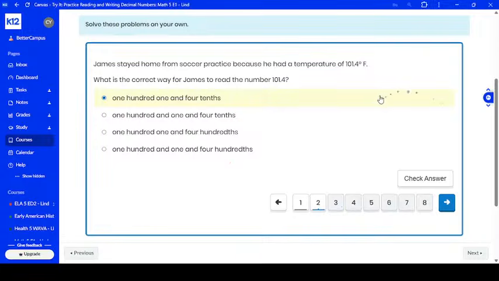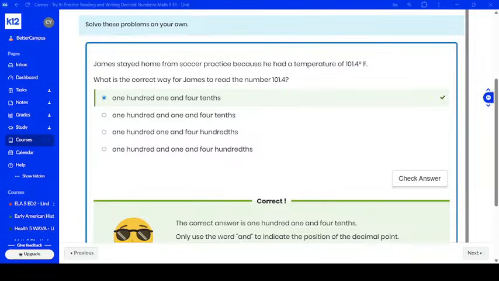You think the answer is A? Actually, that is correct. Good job. Nice work. You got it.